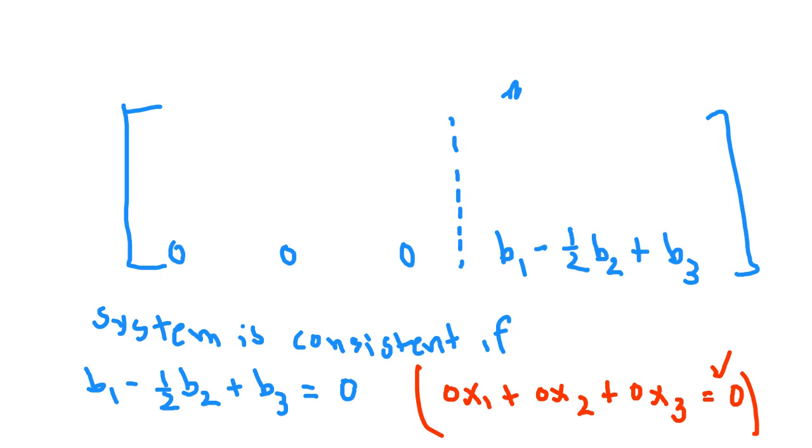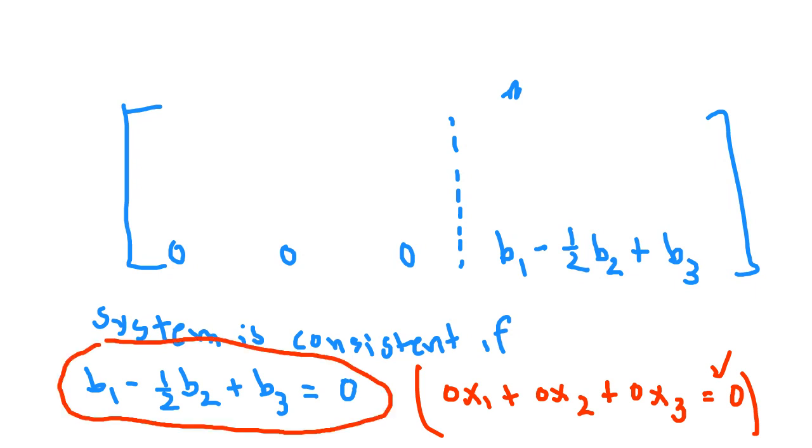So the system is consistent only if the B1, B2, B3 coordinates of the vector satisfy this constraint. B1 minus 1/2 B2 plus B3 has to equal 0.